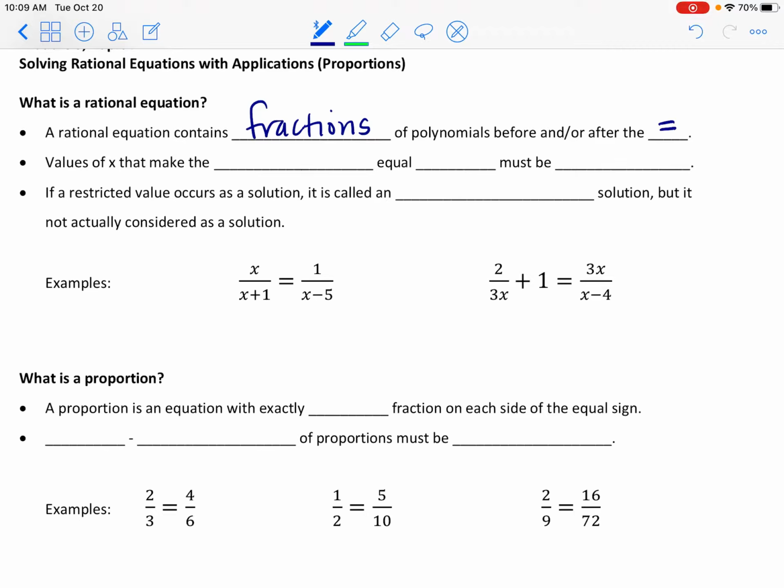Now, technically, rational equations have restrictions. Okay, we know, well, rational expressions have restrictions too. Fractions in general have restrictions. There are certain values of x that we cannot accept because those certain values of x make the denominator of the fraction equal to 0, and 0 in the denominator of a fraction isn't defined.